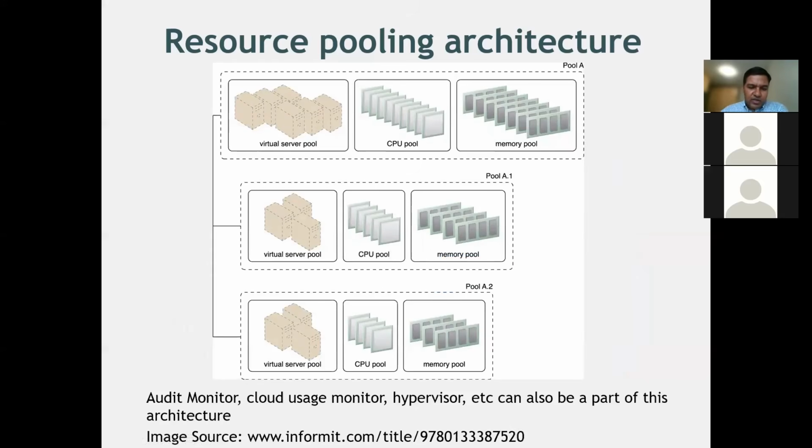This type of resource pooling architecture is also used for audit monitoring, cloud usage monitoring, hypervisors, and many other services. As you see, they are creating similar-looking virtual servers, similar CPU pools, and similar memory pools. So this is one example of a nested resource pooling architecture.